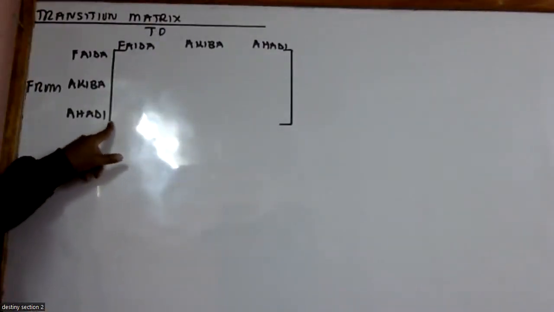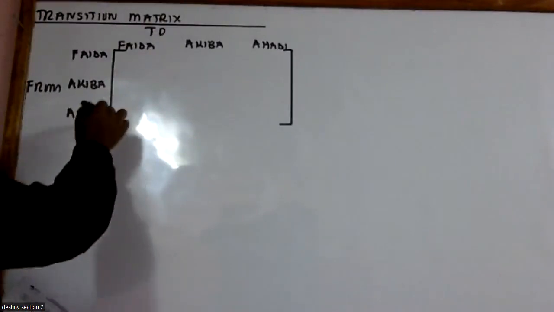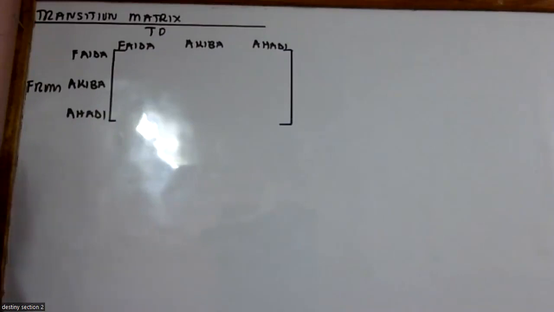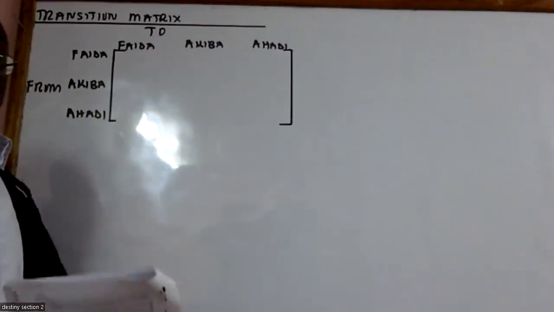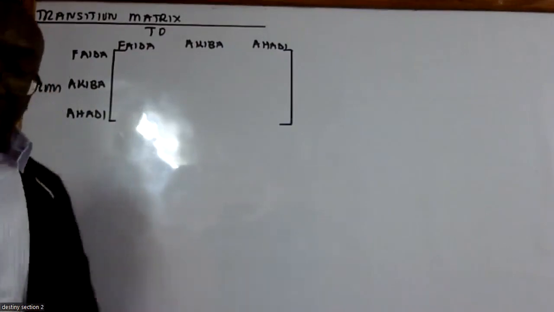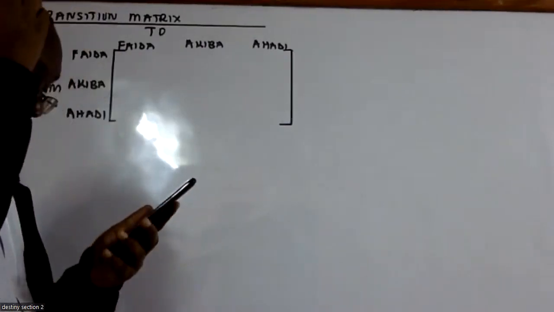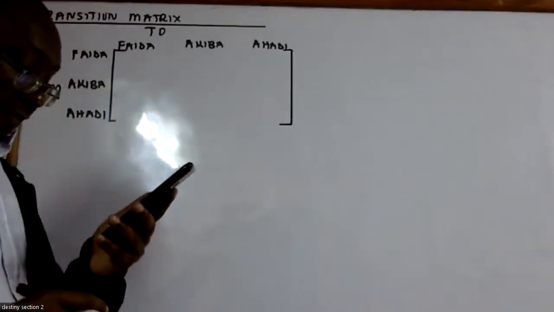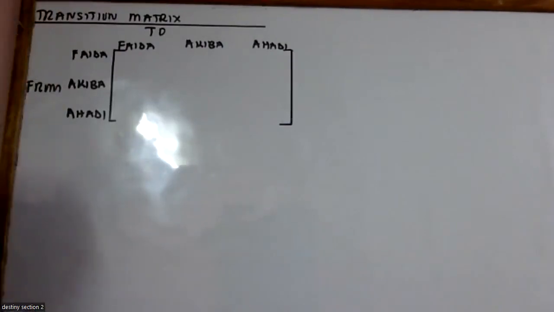The row shows us the losses and the retentions, while a column shows us the gains and the retentions. Going by what we are told in information 1, Faida Bank retained 80% of its market share.